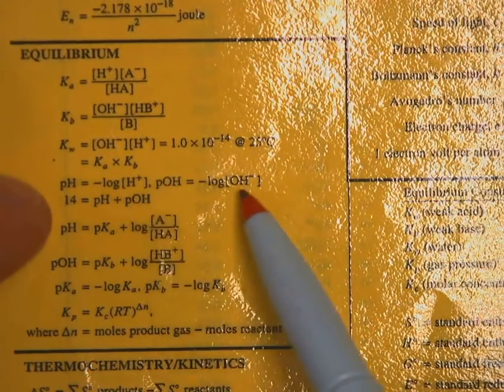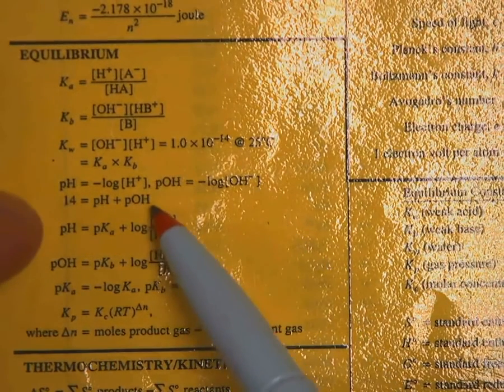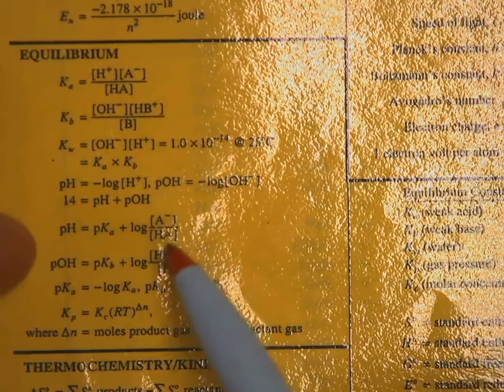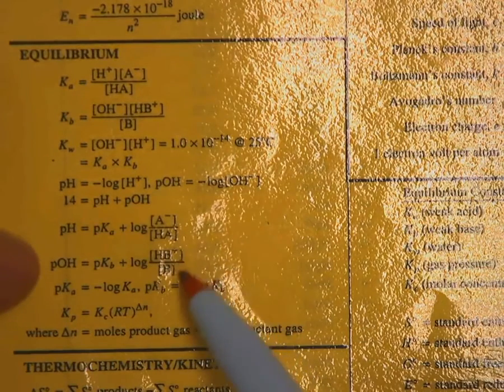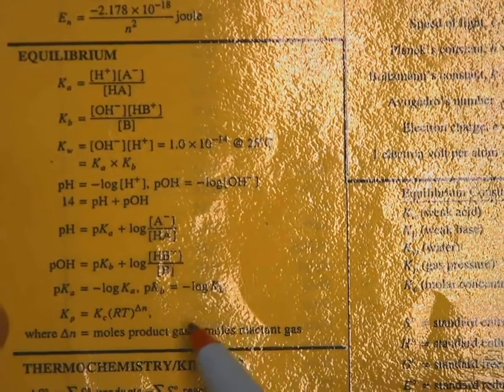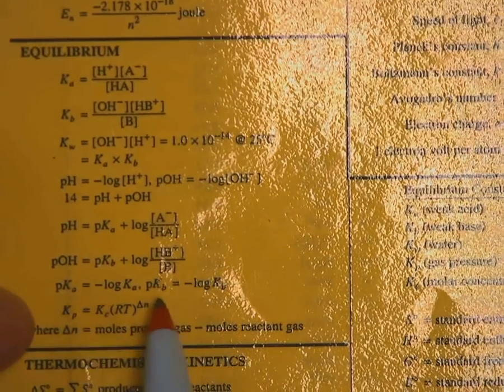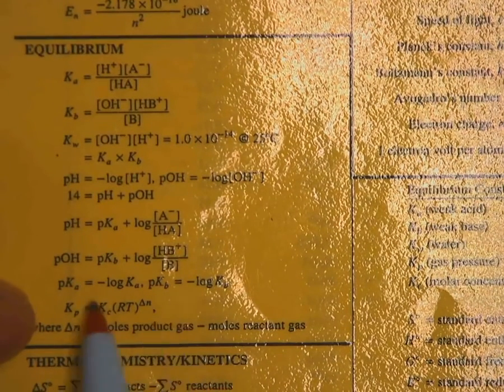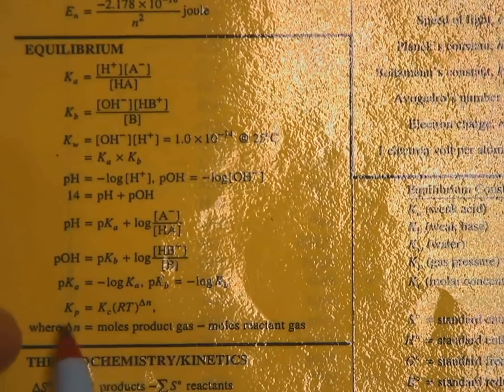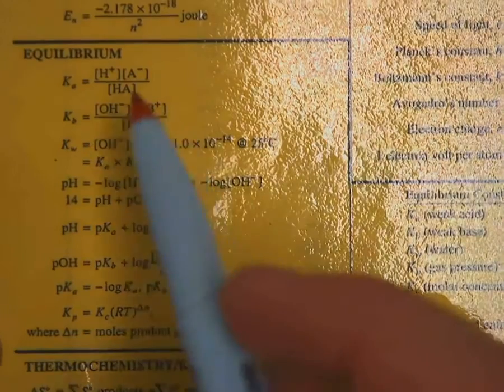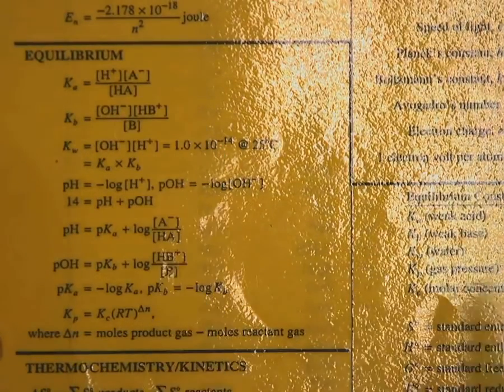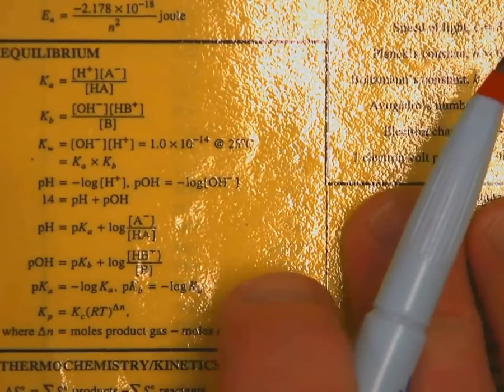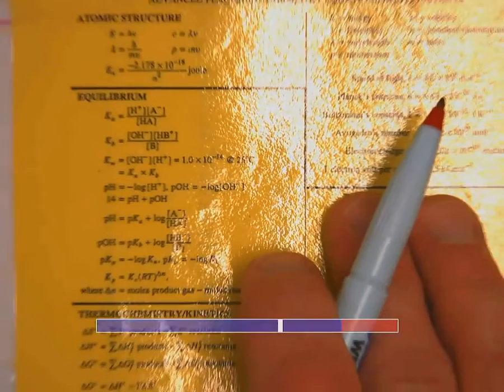Then they've got the pH and pOH equations, and the pH plus pOH equals 14 equation. And then right down here, we'll get to these. These are the Henderson-Hasselbalch equations that we'll come to later. And then here are the pKa and pKb equations, used very frequently on AP exams. And then down here was the chapter 15 one. But this box right here with equilibria equations should become super familiar for you, and you should be able to find it really quickly.